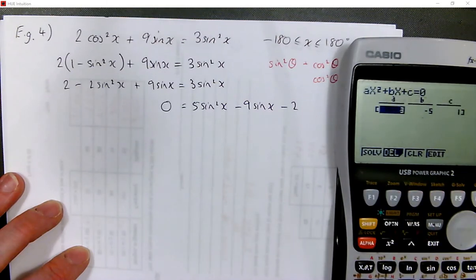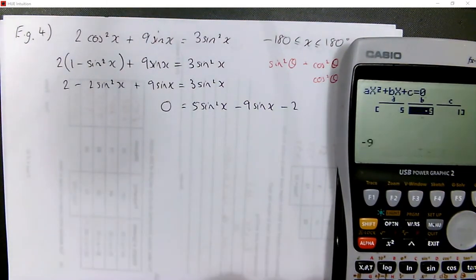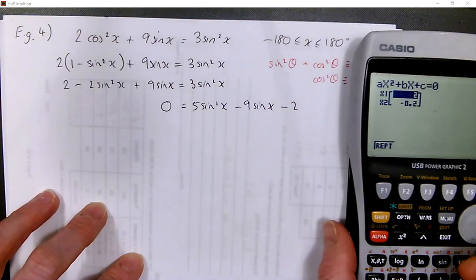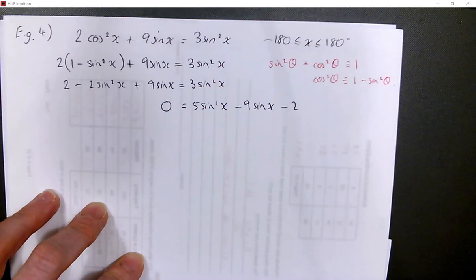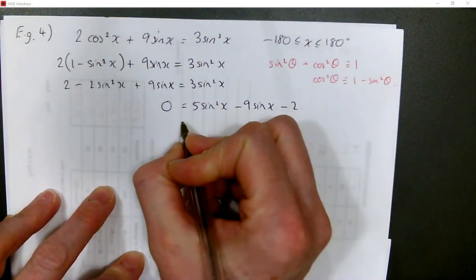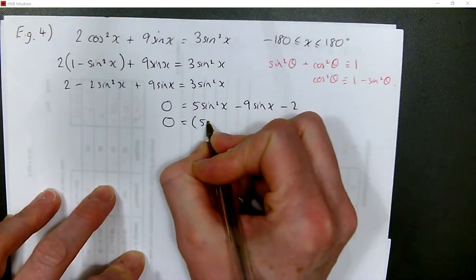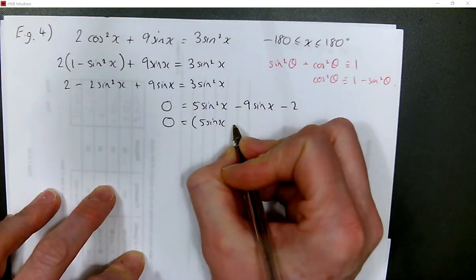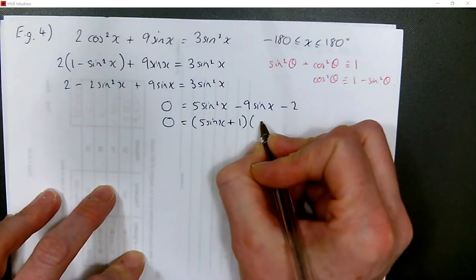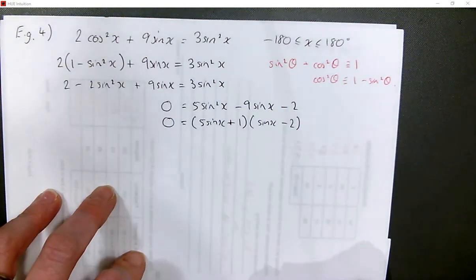Okay, so let's see what we get. Our coefficients are 5, -9 and -2. Lovely. So we've got -1/5 and 2 as our values. So I'm going to pretend that I had to show my working out. So I'm going to have 5 sine x plus 1 and sine x minus 2 are my values.